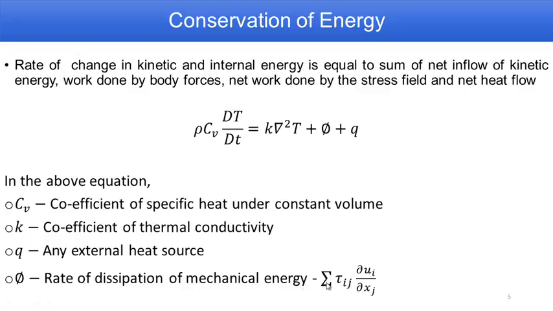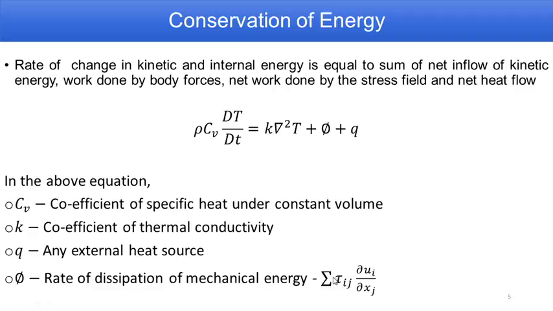In this expression there is a summation of tau ij times dou ui by dou xj, where i and j are indices representing directions 1, 2, 3. If you substitute i equal to 1, j equal to 1, 2, 3, then i equal to 2, j equal to 1, 2, 3, and i equal to 3, j equal to 1, 2, 3, you get many components in this equation.